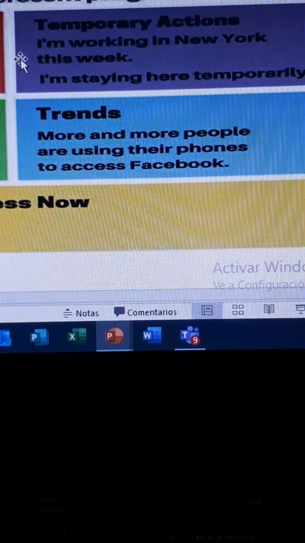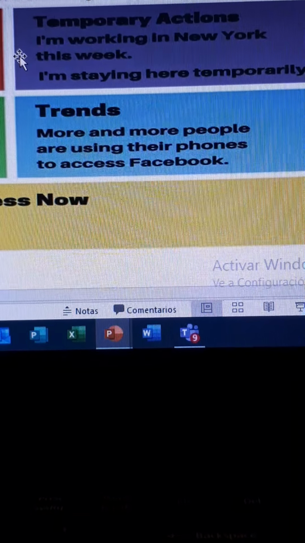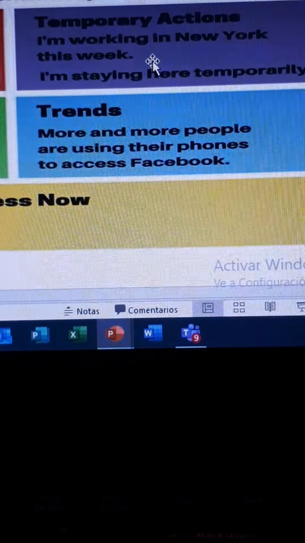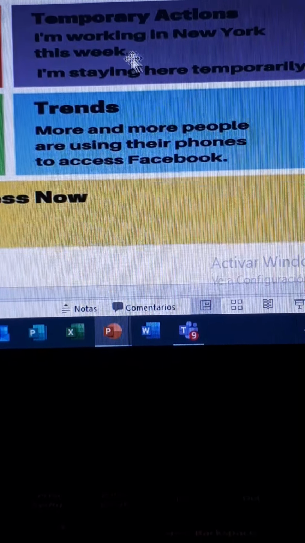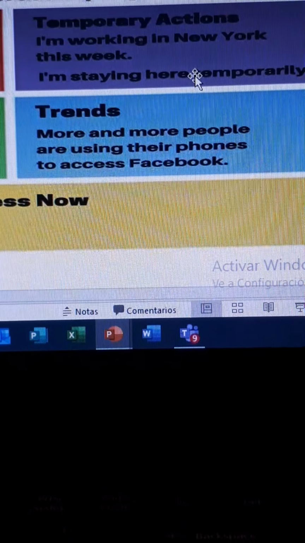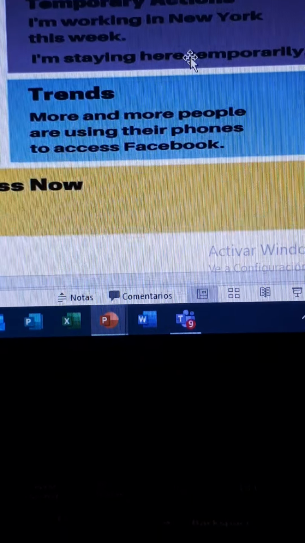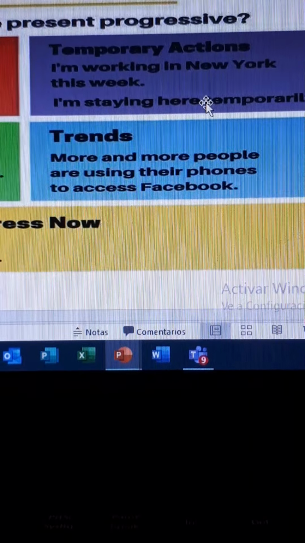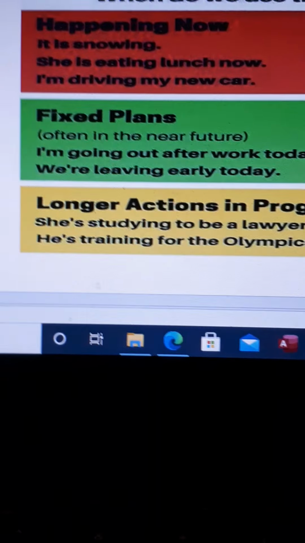So, for example, I'm working in New York this week. It's temporary. I'm staying here temporarily. Or I don't have internet at this moment, for example, if you have a problem with the internet. So, for something temporary.